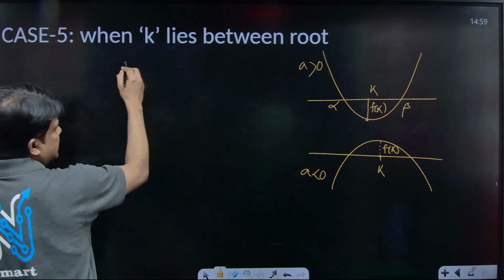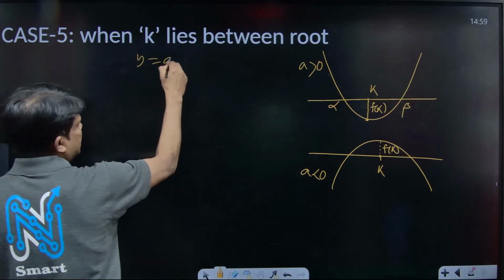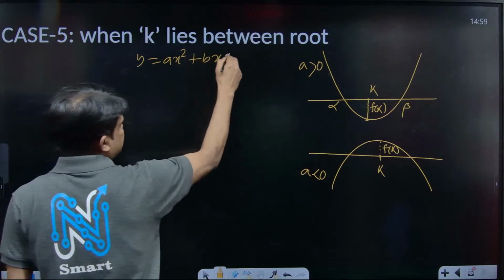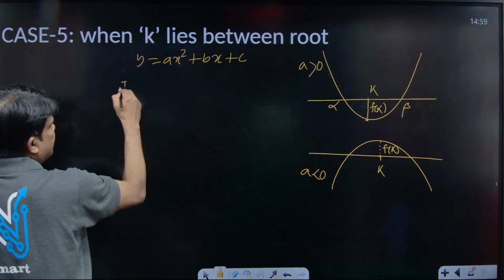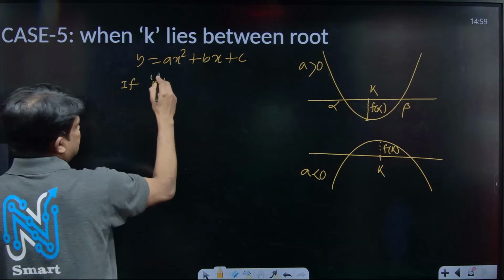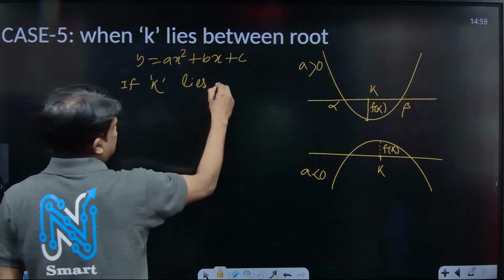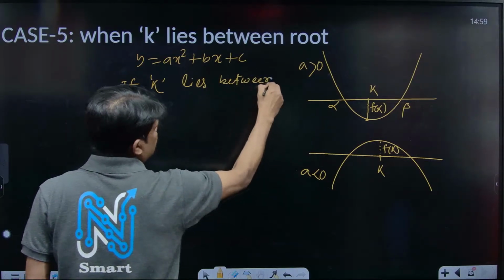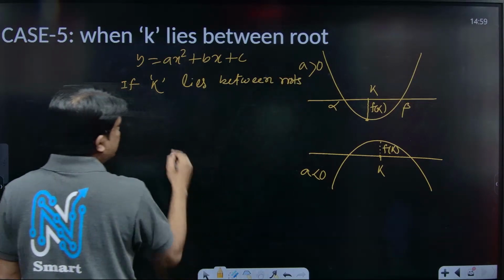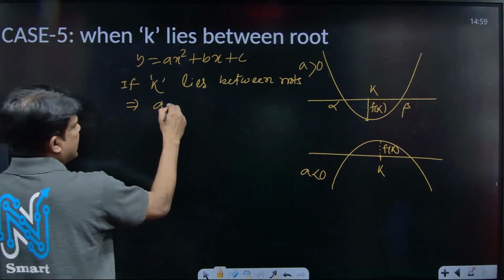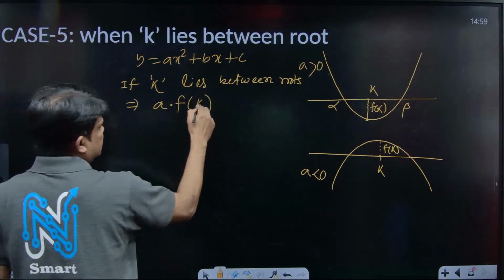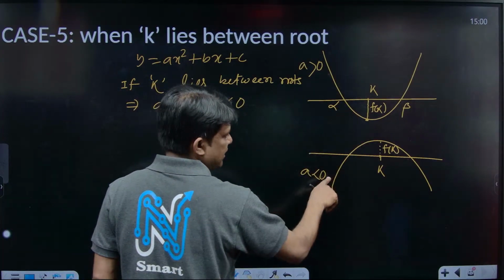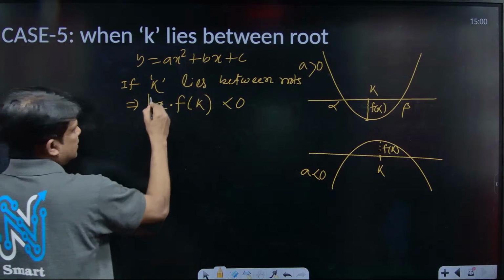So for a quadratic expression y equals ax square plus bx plus c, if a real number k lies between the roots, in both cases a into f(k) have opposite signs: a positive, f(k) negative; a negative, f(k) positive; product is negative.